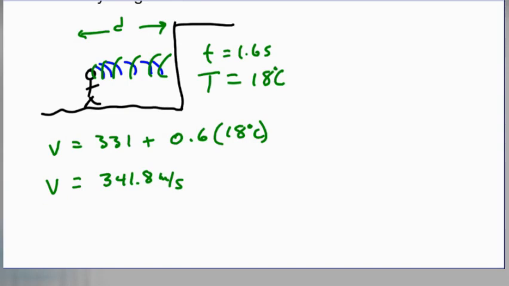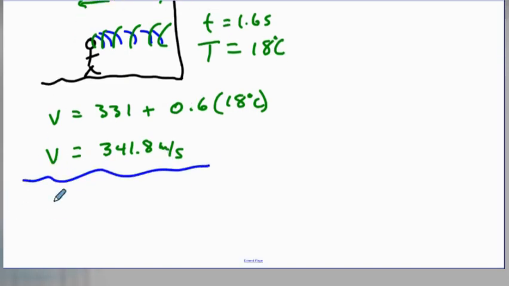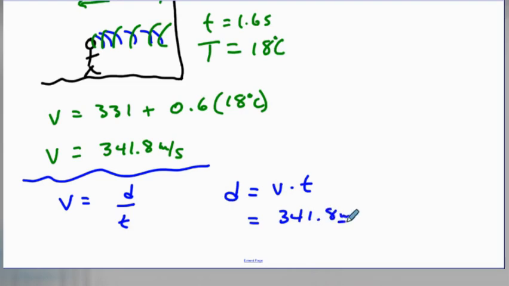So that's part 1. Now I'm going to use my basic kinematics equations and say, okay, I know that the speed is the distance divided by the time. And I have the time. The time is 1.6 seconds. So the distance would be the velocity multiplied by time. So my velocity here, 341.8 meters per second multiplied by 1.6 seconds.